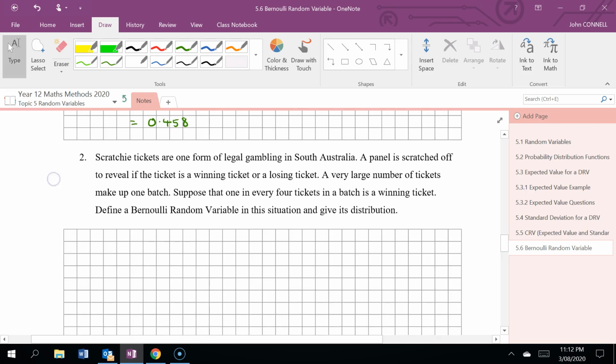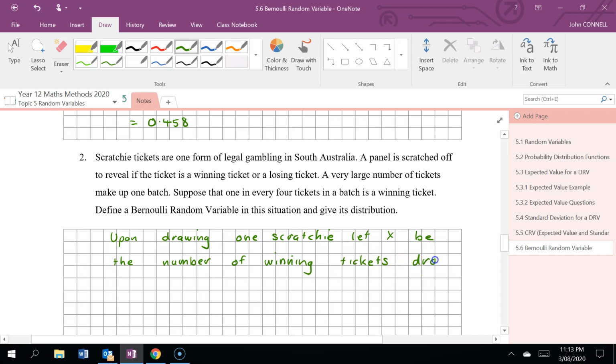So we want to define it in such a way that we actually get 1 being success and 0 being failure. So let's say upon drawing one scratchy ticket, let x be the number of winning tickets drawn.